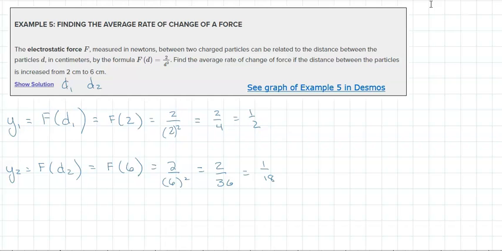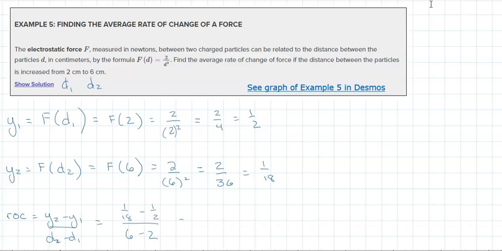All right, so more fractions, but the rate of change is going to be y2 minus y1 over d2 minus d1. Those are the x's. All right, so we get 1 over 18 minus 1/2 over 6 minus 2.